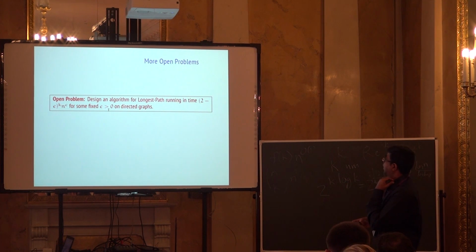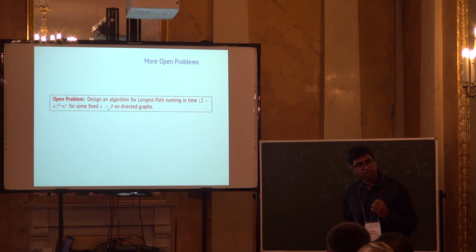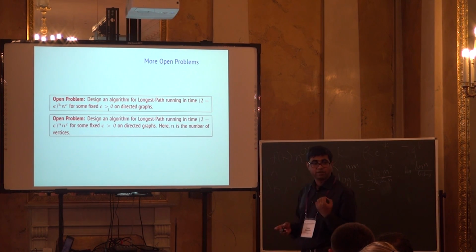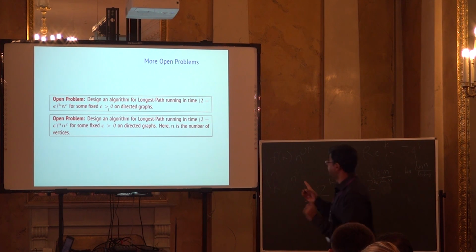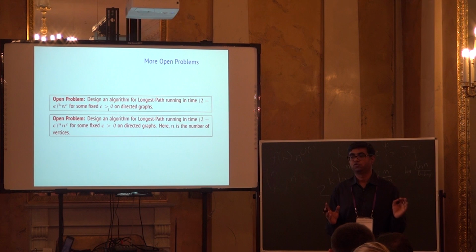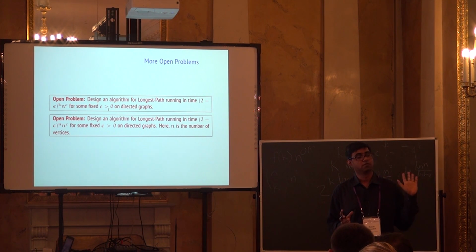Okay. So a more interesting problem is to design an algorithm for longest path running in time 2 minus epsilon to the power k, for any fixed epsilon greater than 0, on directed graphs. K might look harder, so let's relax the problem. If I give you a directed graph on n vertices, I'm happy with an algorithm with running time 2 minus epsilon to the power n, where n is the number of vertices.